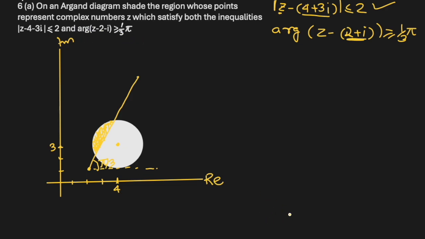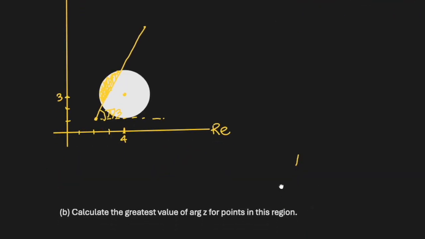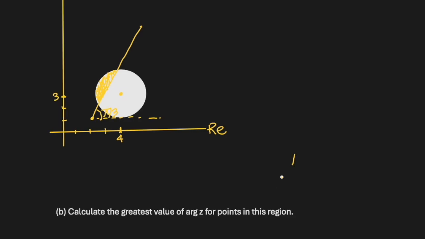Okay, let's move on to the next part, which is calculate the greatest value of argument z. So argument, and there is nothing with z, that means z minus 0. So 0 is the reference point from where the z will have the greatest value.